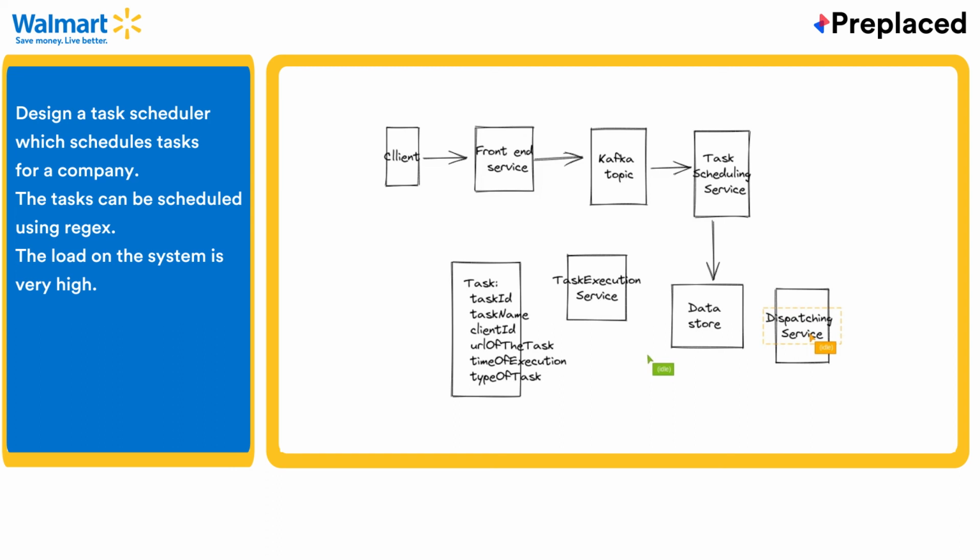So that it won't become a single point of failure. In that case, there can be a chance that two services pick the same data and try to put it in Redis. That is where we need to manage those locks, or optimistic locking, or something like that needs to be done there.